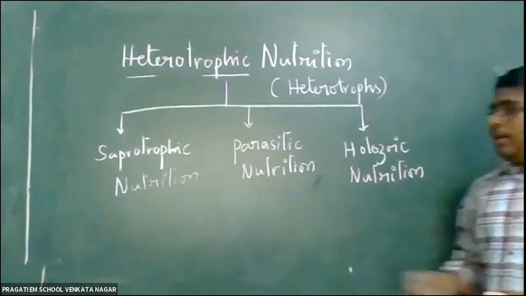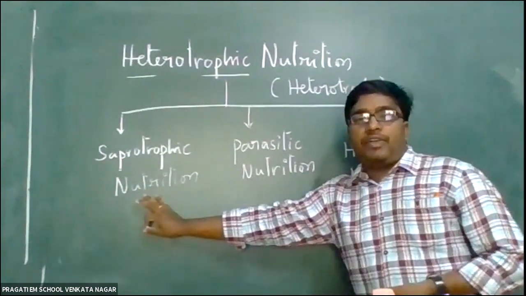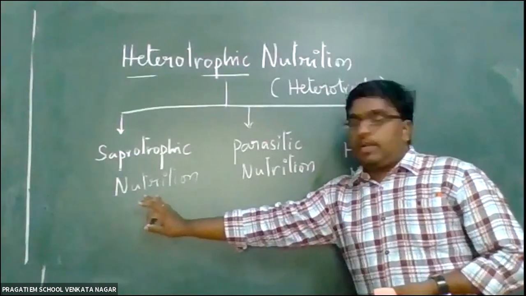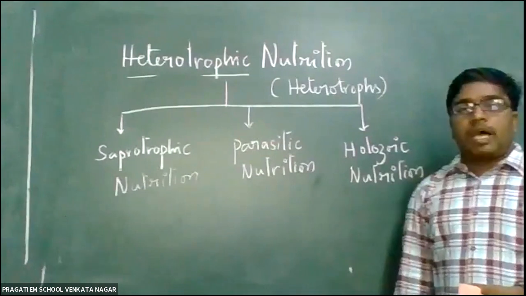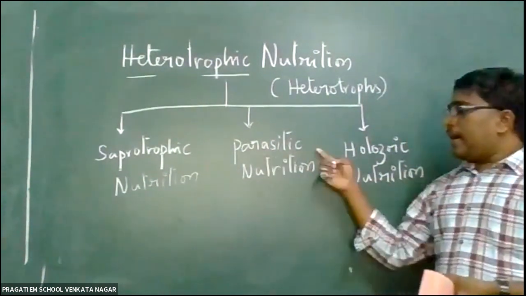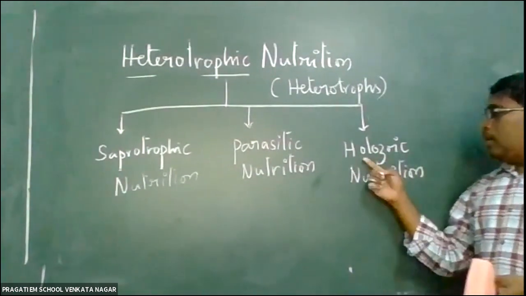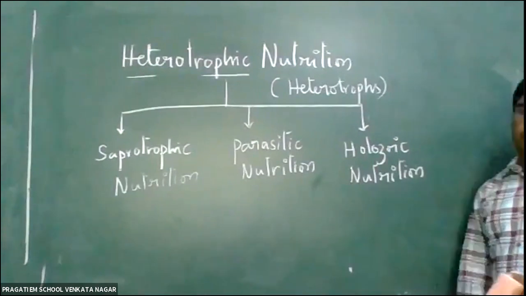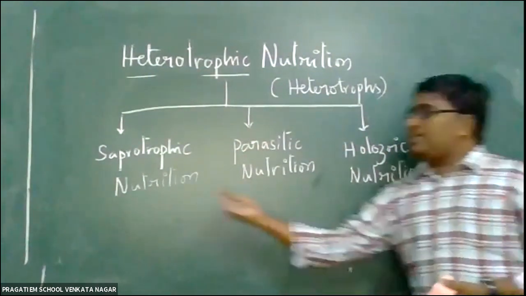Next, the first type of heterotrophic nutrition is saprophytic nutrition, the second is parasitic nutrition, and the third is holozoic nutrition. What are the specific examples for these three types?